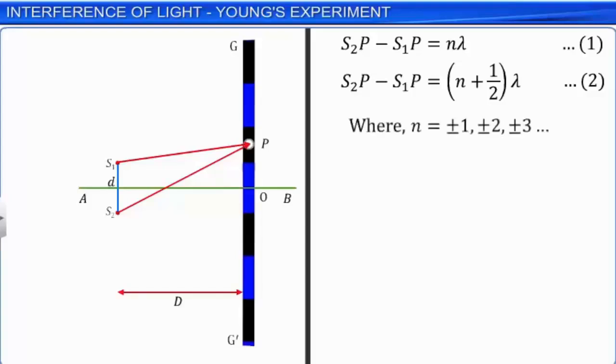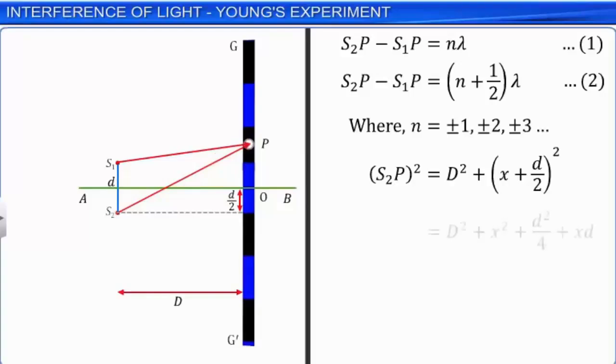From the diagram, as shown, we can write that S2P² is equal to D² + (x + d/2)². This is equal to D² + x² + d²/4 + xd.